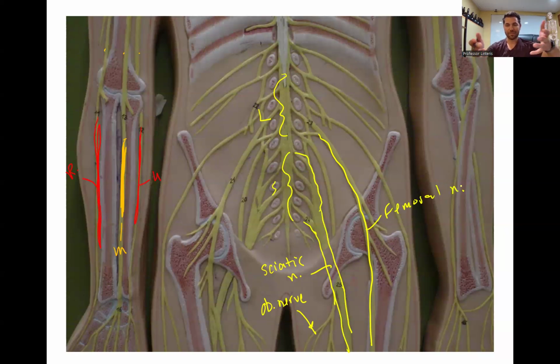So this picture is mainly to highlight the arm, labeled the radial, ulnar, and median nerve respectively. However, I can see it on here. So I want to preface what we're going to go over in the next slide. These are some of the nerves that branch off in the lower body, right? Lumbar region, sacral region. So obviously this femoral nerve branches off the lumbar. The sciatic branches off the sacral.